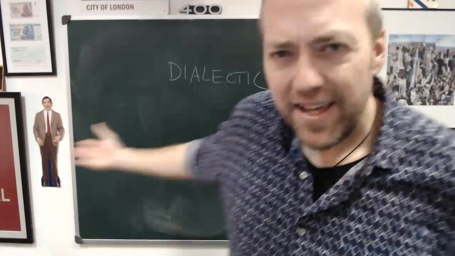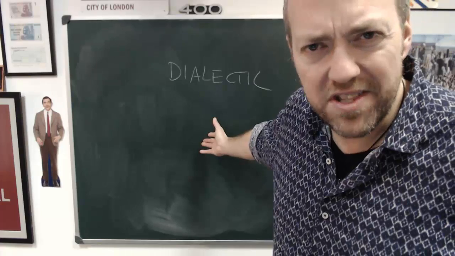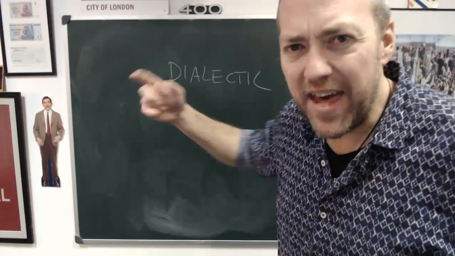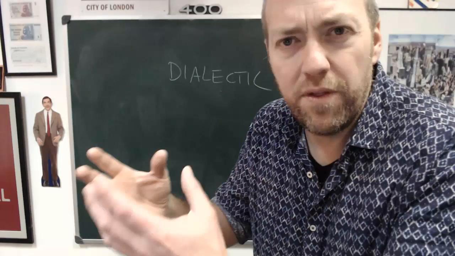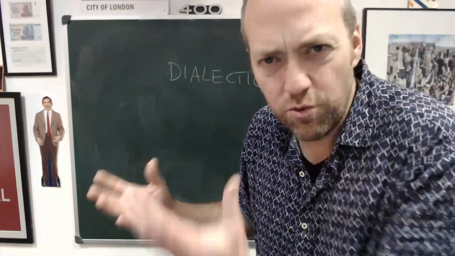Okay, so, and I think that this is a fantastic way to debate, okay? And I think that if politicians, if managers and bosses and people on television, if they used the dialectic, if they weren't so egotistical, if they looked for the universal truth, then maybe the world would be a better place.